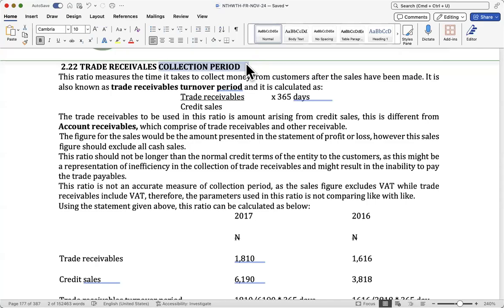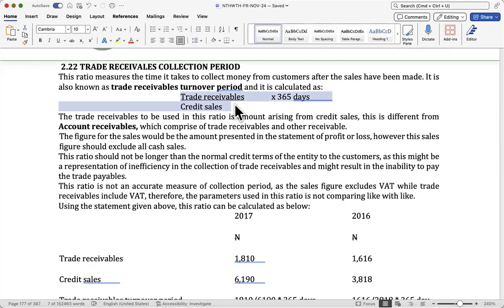This ratio measures how many days, or how long, it takes to collect money from our customers after sales have been made to them. How many days it takes you to collect your money back from your customer. That is your trade receivables in days. And it's usually computed as your trade receivables over your credit sales.